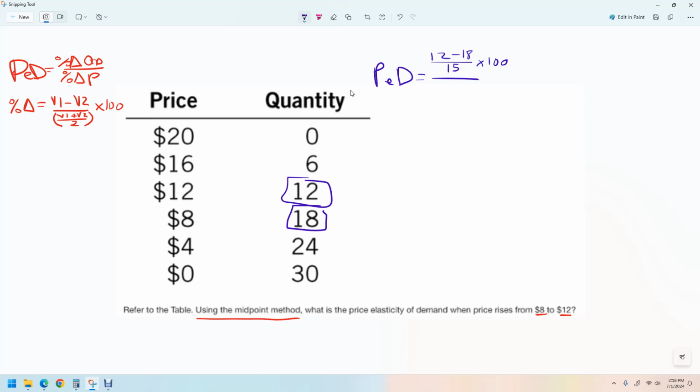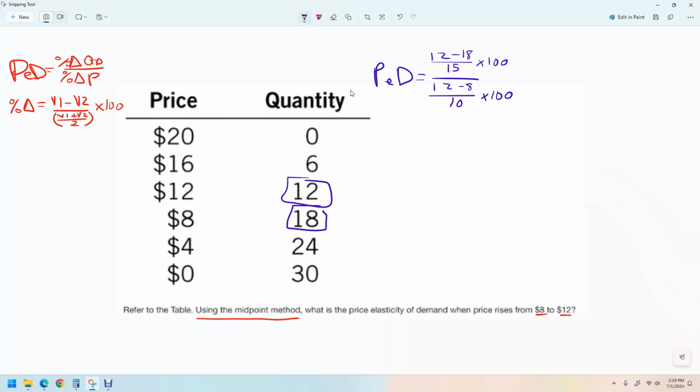And this is the percent change in quantity. Then we're going to do percent change in price. So we started off with $12, and then from $8, and then halfway between those two, 12 plus 8 is 20, and half of 20 is 10, times 100.